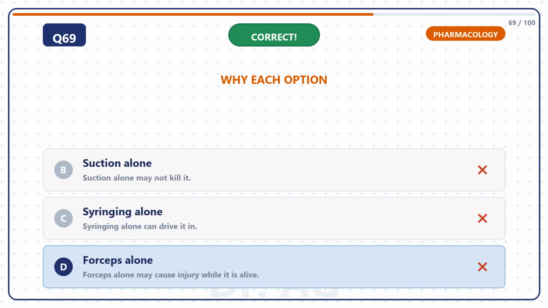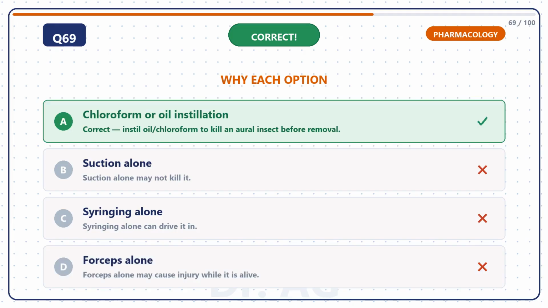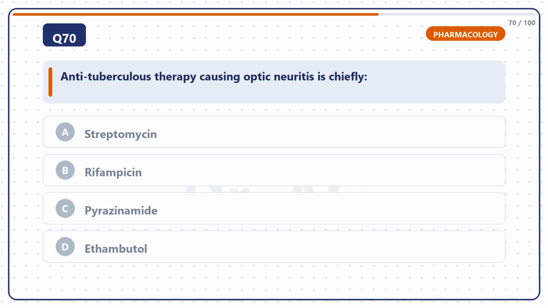Forceps alone may cause injury while it is alive. And the correct answer is chloroform or oil instillation. Correct. Instill oil or chloroform to kill an aural insect before removal. So, the right answer is option A. Chloroform or oil instillation.